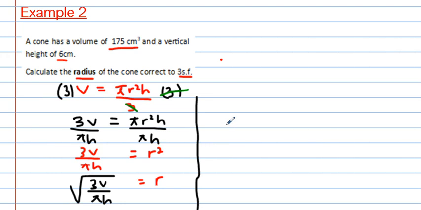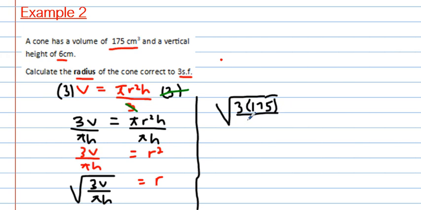Okay, so I'm going to have in my square roots, I will have 3v, so 3 times my volume, and my volume is 175. Don't forget I'm using the brackets as multiply, okay?